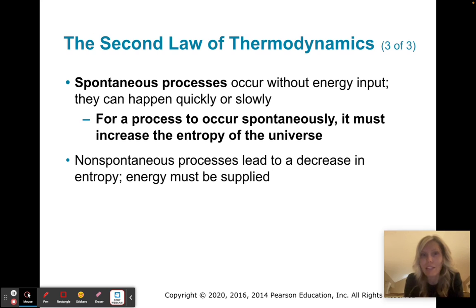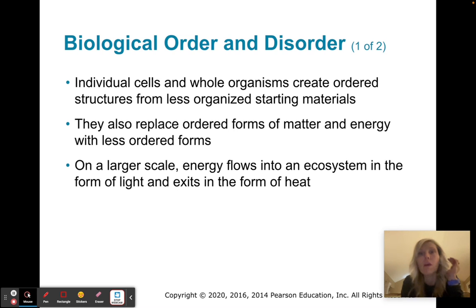Spontaneous reactions occur without energy input. Remember, biological organisms have to have enough energy for survival. So it's like this cash in, cash out situation: spontaneous reactions would happen without extra energy having to be input into the system in order to make them happen. So they're energetically favorable in that sense. For non-spontaneous reactions, there has to be an input of energy in order to make them actually happen.